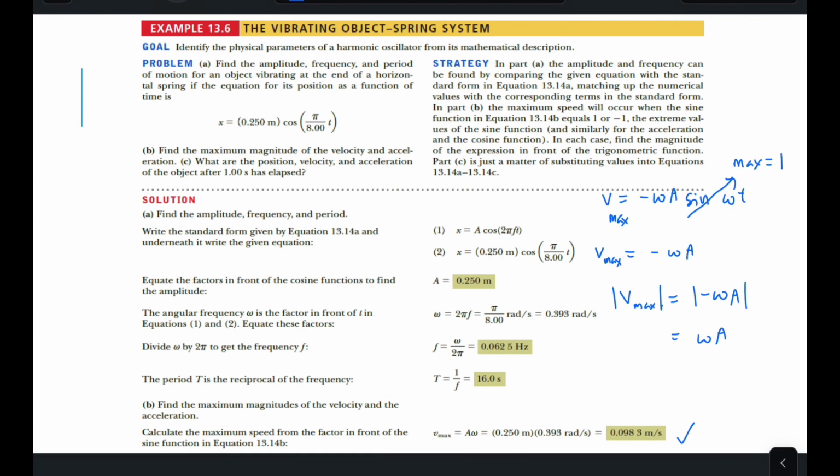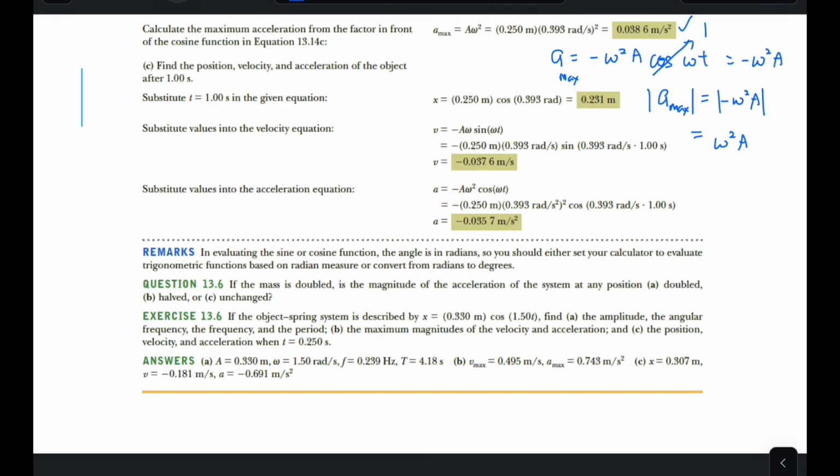Part C. What is the question? What are the position, the velocity and acceleration of the object after 1 second has elapsed? After 1 second, take a look at the solution. We are going to substitute the value of t here as 1 second, but be careful.